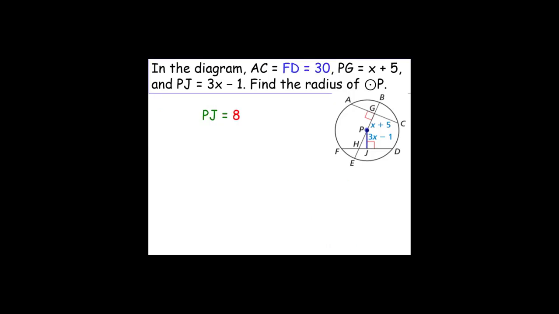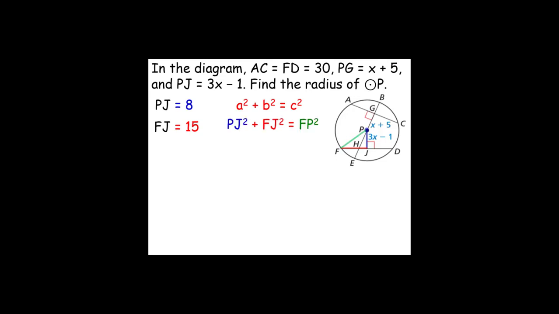It was also given that the length of segment FD is 30, and we know that the length of FJ is half the length of FD, which is half of 30, which is the length of segment FJ is 15. Since we know two sides of a right triangle, we could find that third side by using the Pythagorean theorem.